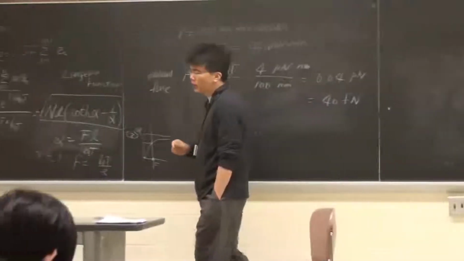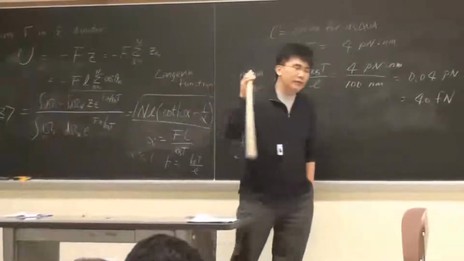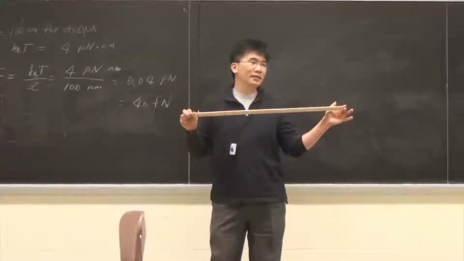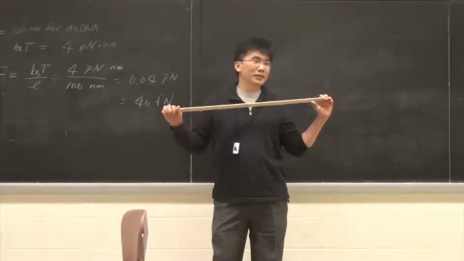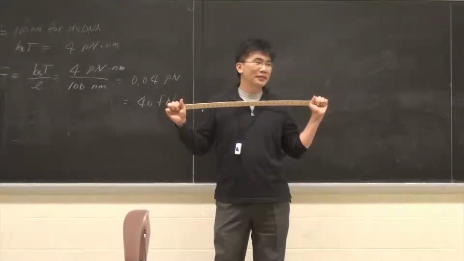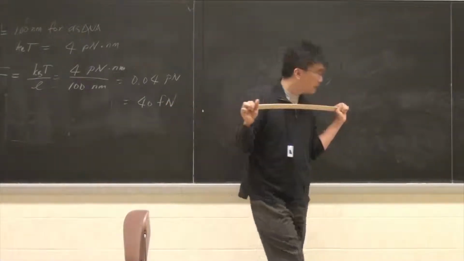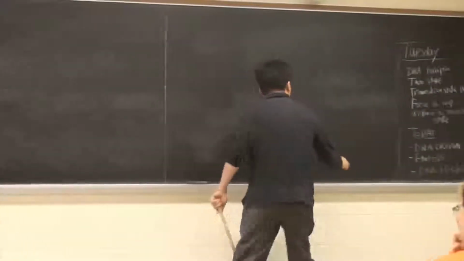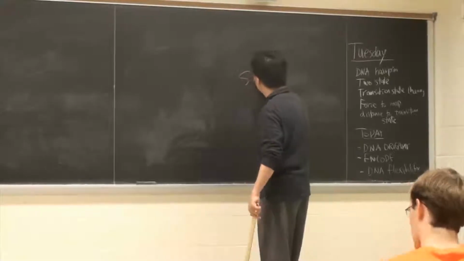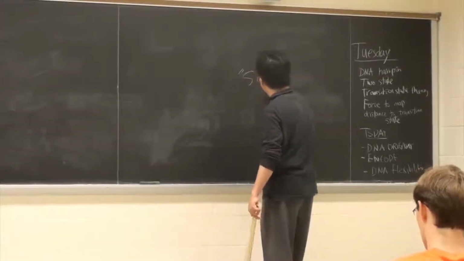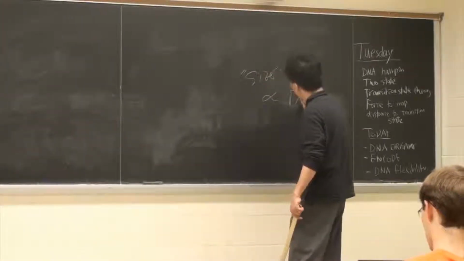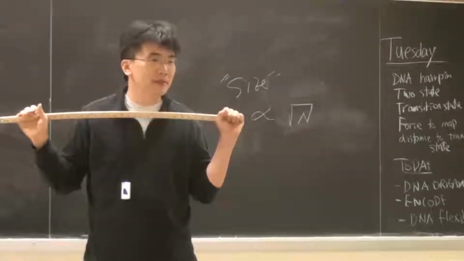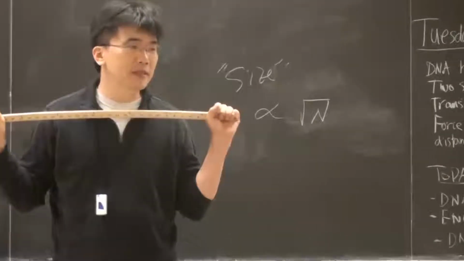So in the random walk model, you take a step of a certain step size, and after a certain time, the key point here is that the size is proportional to the square root of the unit number.